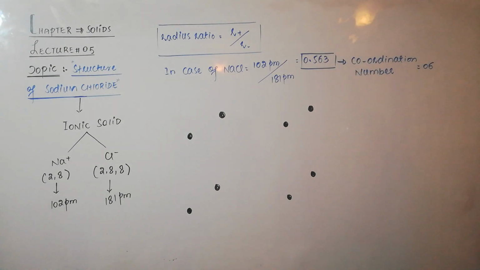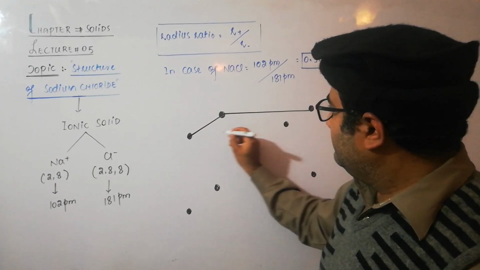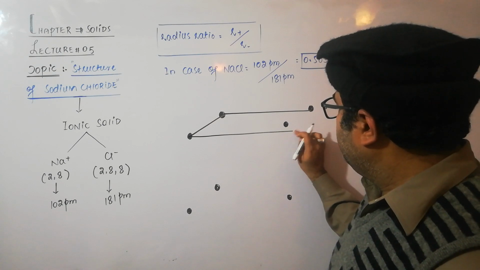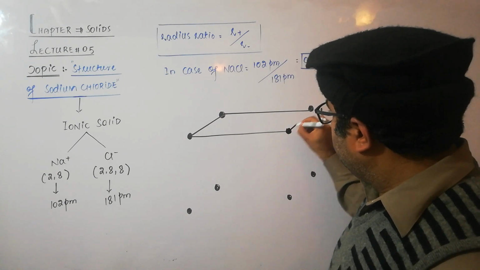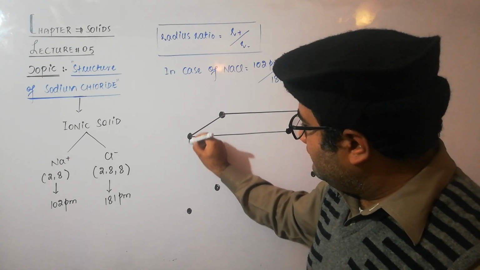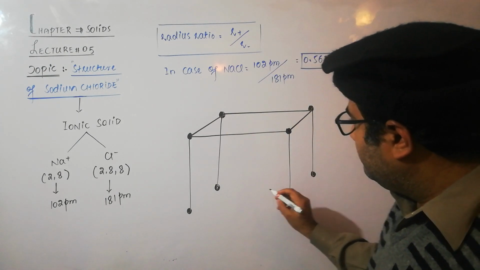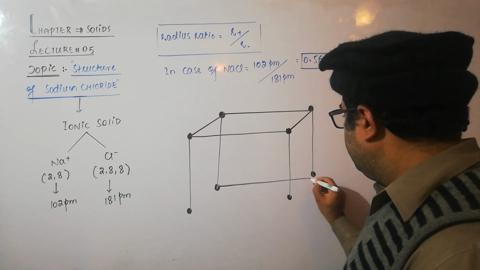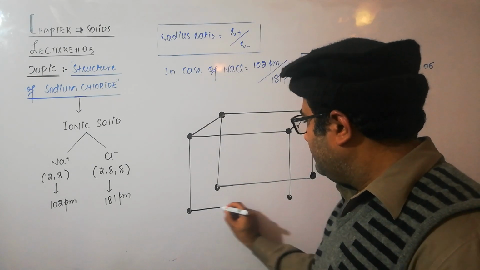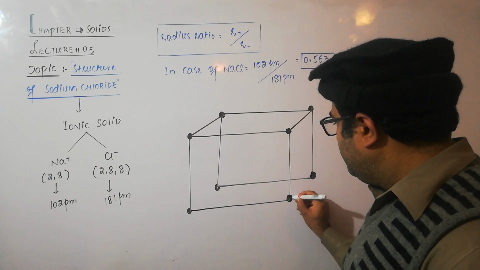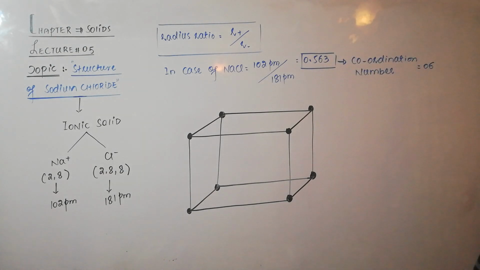So after making these dots, now join them. So you will get a cube like this.